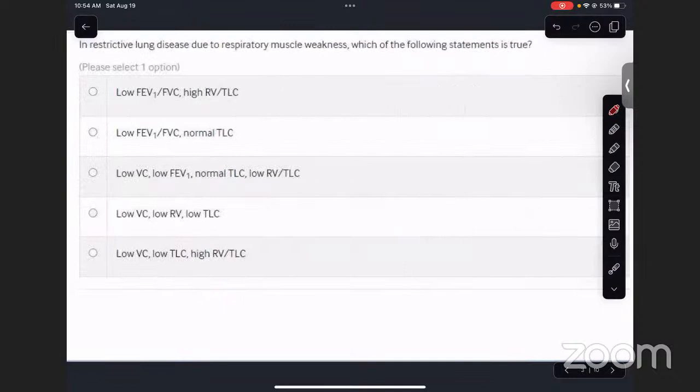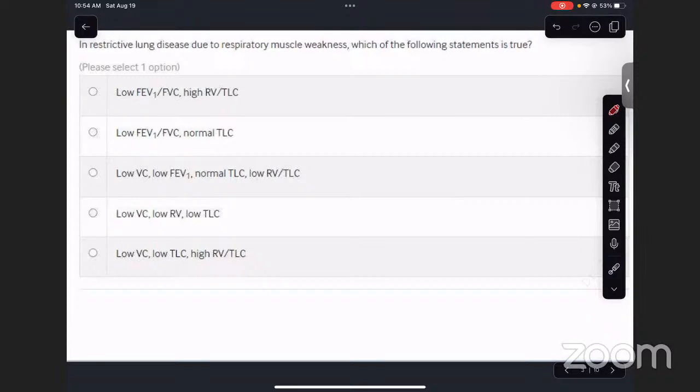So here, in restrictive lung disease due to respiratory muscle weakness, which of the following statements is true? So in case of respiratory muscle weakness, there will be type 2 respiratory failure. But the question is about the volumes and capacities of our body.